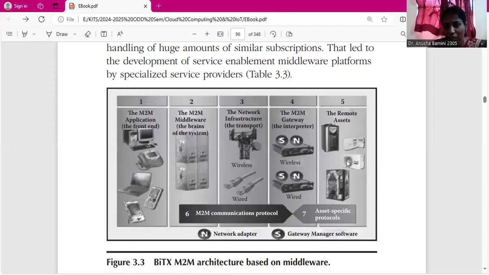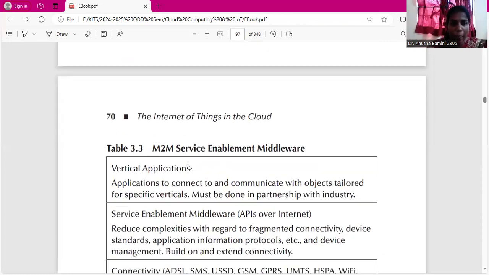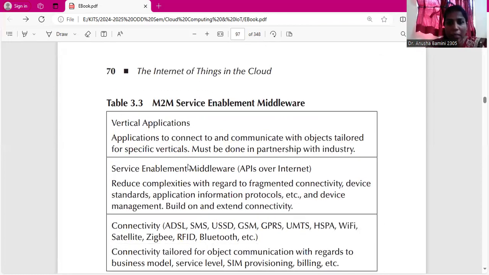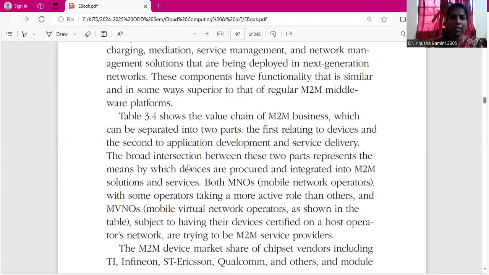The data gathered from sensors is stored in this server, as well as the application or software which is running is also stored in this server. Then it is mainly supporting vertical applications, then API over the internet, as well as different SMS, satellite, Bluetooth. So from various connectivity we can connect these M2M services.